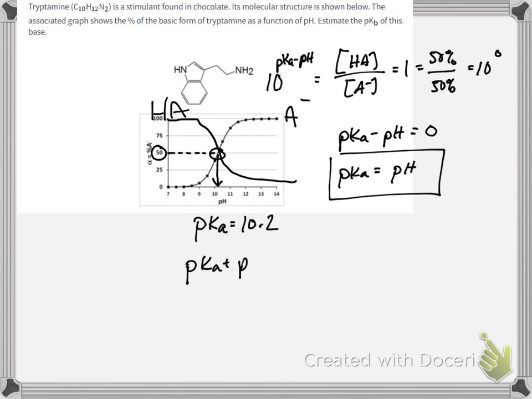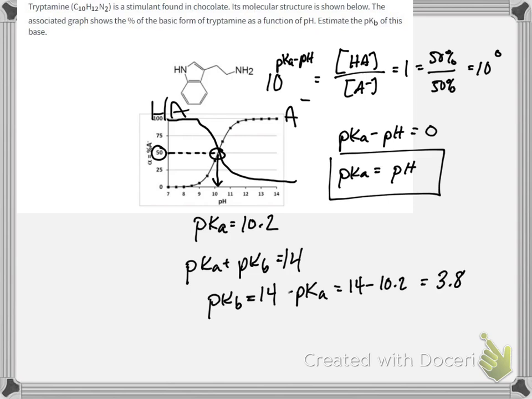But the question asks for pKb, so we use the relationship pKa plus pKb equals 14, and we can solve for pKb: 14 minus 10.2, or 3.8. So all of these graphs are very similar in that you can calculate pKb from the pKa, and correspondingly pKa from the 50-50 mark.